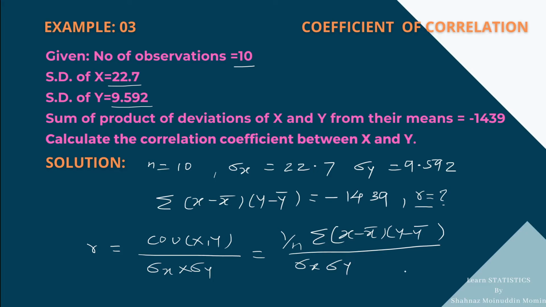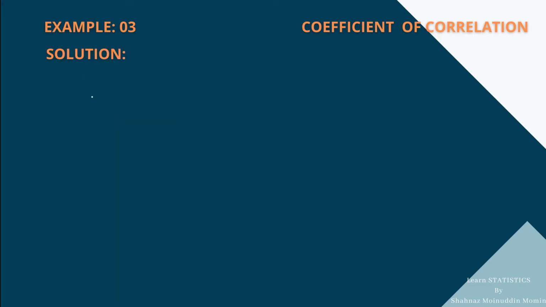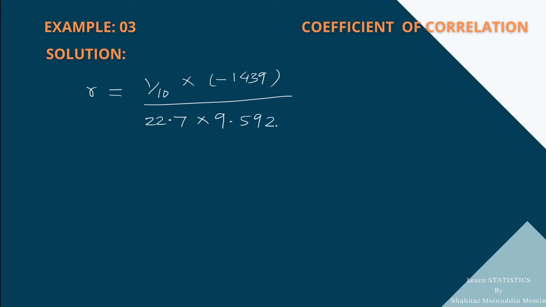Substitute all these values which we have given in the example, we get r is equal to 1 upon 10 into minus 1439 divided by 22.7 into 9.592.